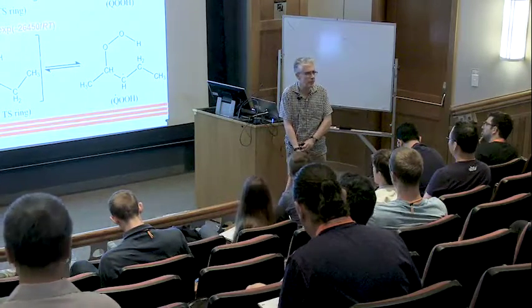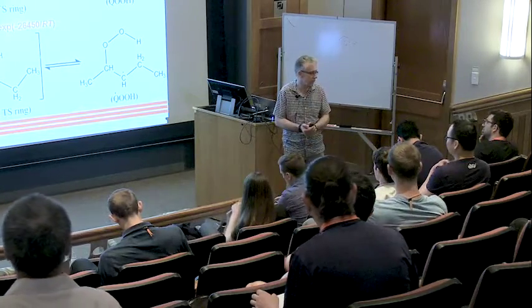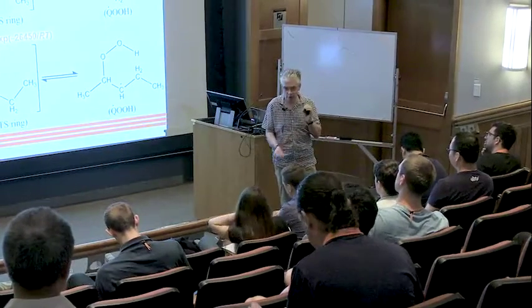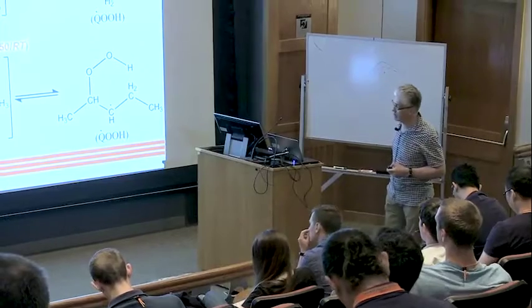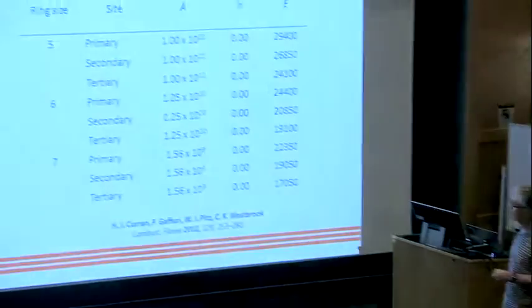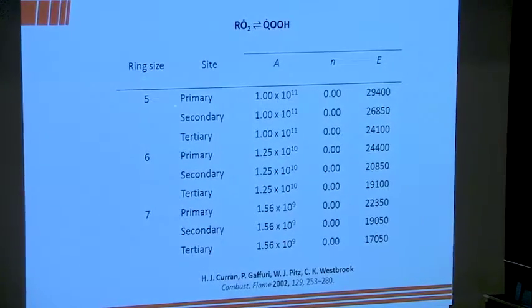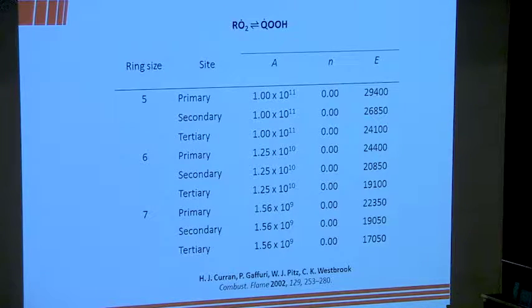I don't know if anyone's done it yet. Professor Dreyer here has been talking about those kinds of things for many years, but I haven't seen it published yet. But you could draw up a correlation that would predict it pretty accurately, I believe. I showed you this yesterday, where we have a table of 5, 6, and 7-membered ring rate constants.